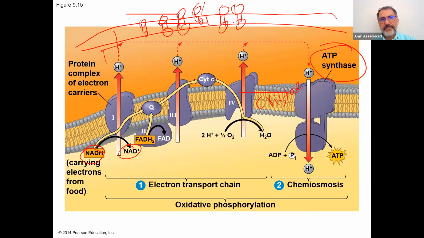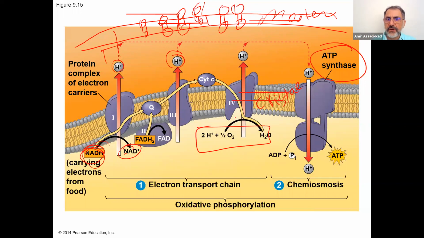So that is the outer membrane. Between the outer membrane and the cristae, these cytochrome protein complexes convert NADH to NAD, and hydrogen is pumped there. So there is accumulation of hydrogen ions between the outer membrane and the inner membrane, the cristae. Of course, you need oxygen; this is the step that needs oxygen.